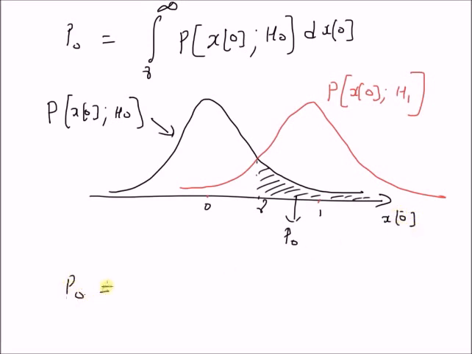Therefore, P0 is equal to the integral from gamma to infinity of the probability distribution of x of 0 under H0, dx of 0.